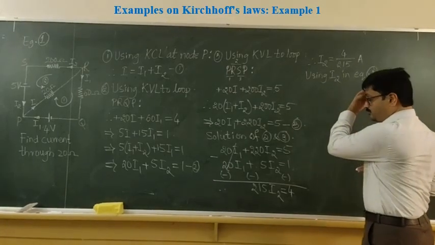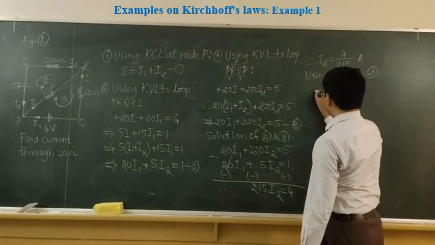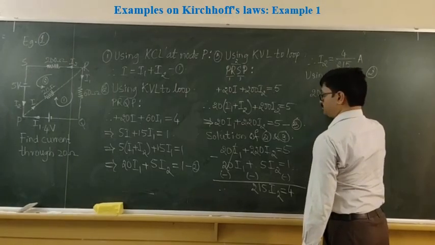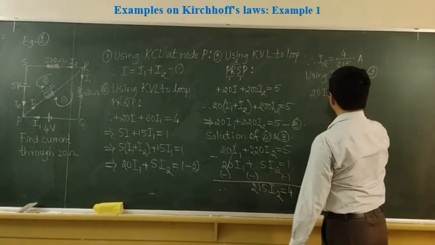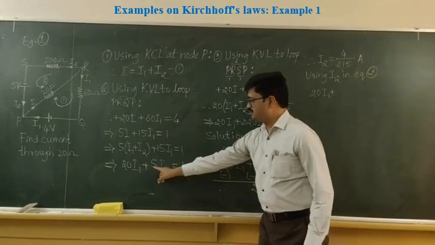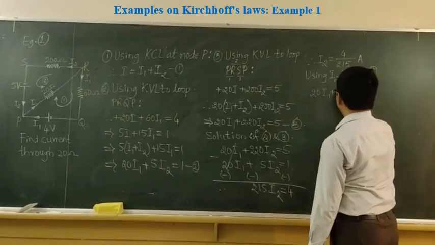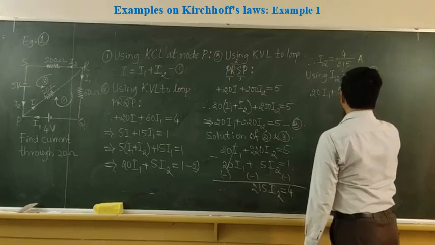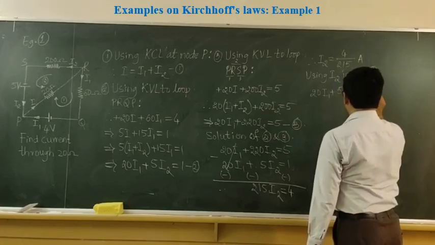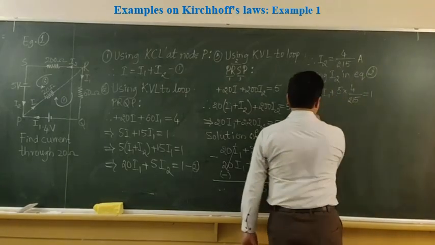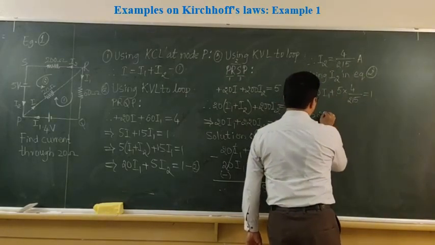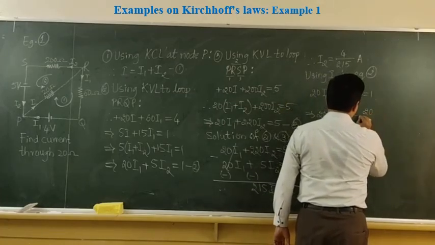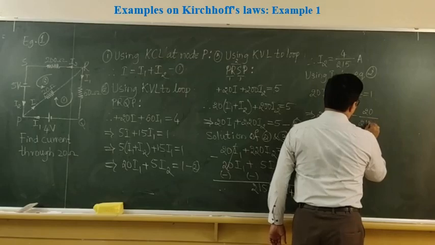Now, if you make use of I2 in equation 2, we can write equation 2 as 20 I1 plus 5 into 4 divided by 215 is equal to 1. Okay. This implies 20 I1 is equal to 1 minus 20 divided by 215.